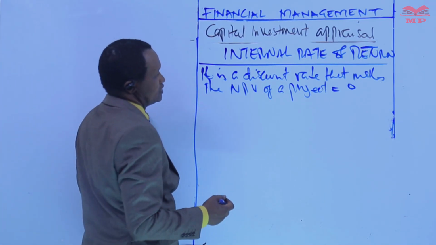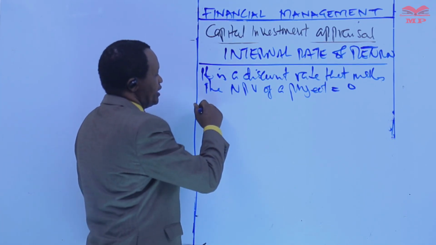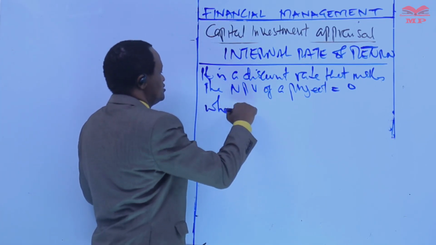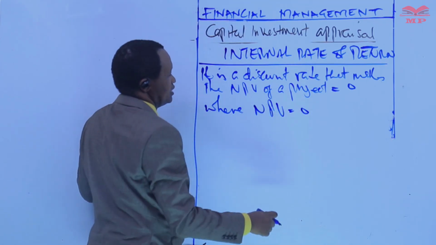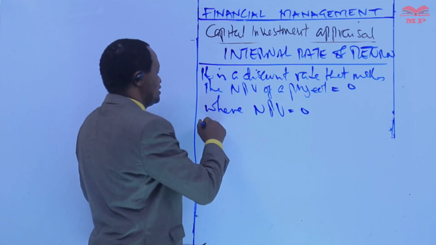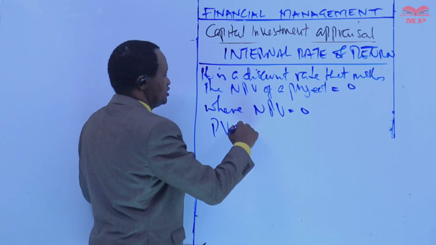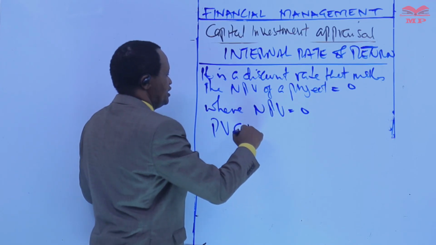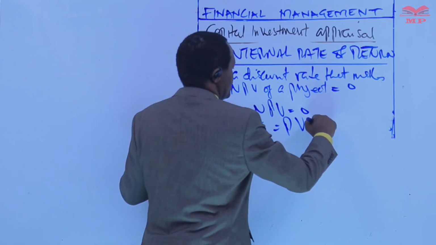Because candidates, where NPV is equal to 0, at this point the present value of cash inflows equals the present value of cash outflows.